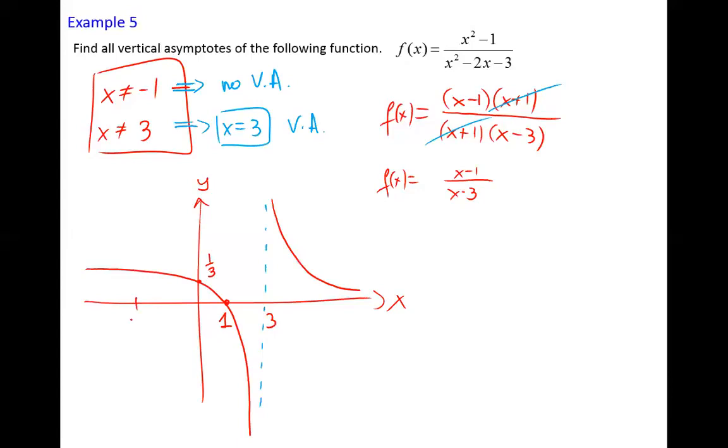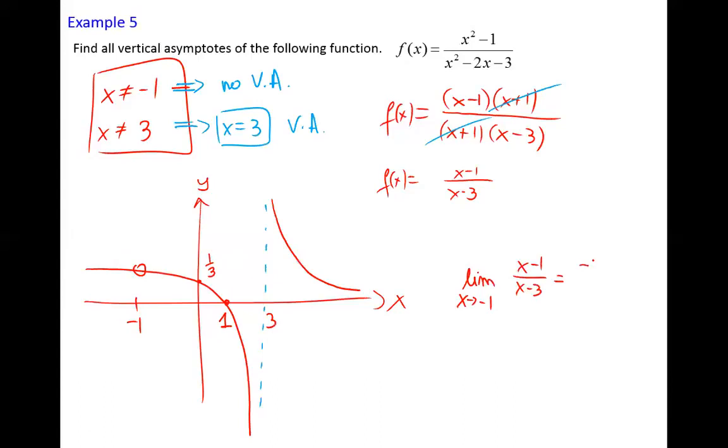And also, for negative 1, we do not have the value. I can draw an open circle, and I can simply compute how the function behaves at negative 1. x minus 1 over x minus 3.